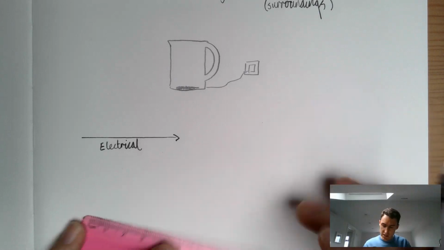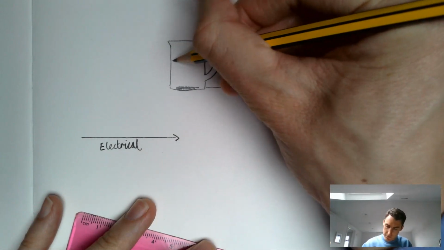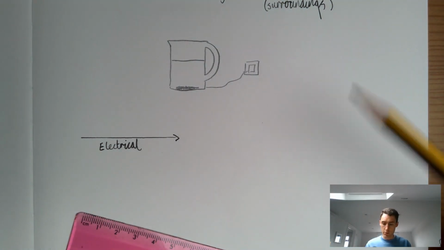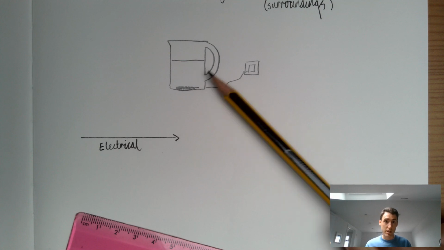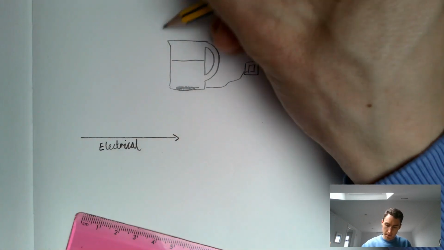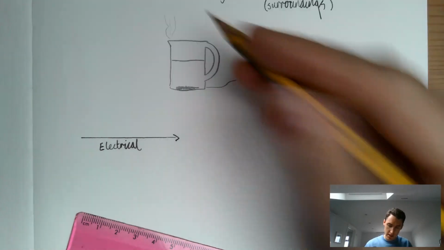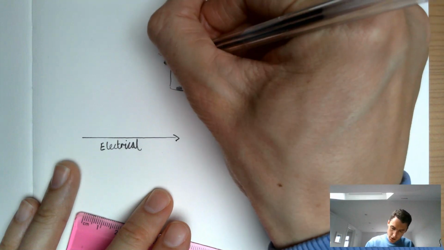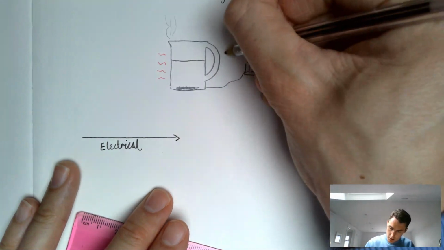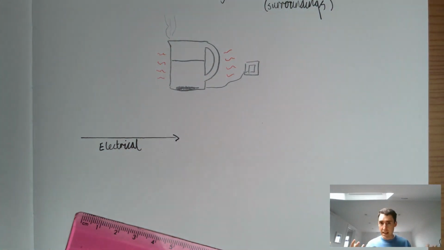Now this is an interesting one. So if we have the water in here, how I might illustrate this if I was going to give them some clues, is to say, well, okay, I know that the temperature of the water is going to increase and that's going to be useful, but I might just draw a bit of steam coming up like this, and I might even, like I did with the previous one, show that the kettle itself is getting quite hot, like that, just to give them that clue that again, we're wasting energy by heating the surroundings.